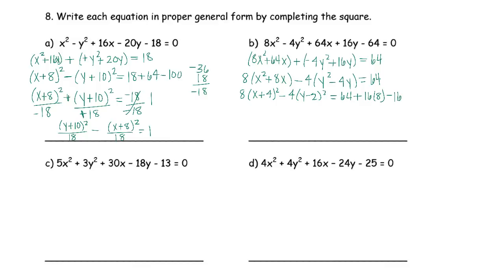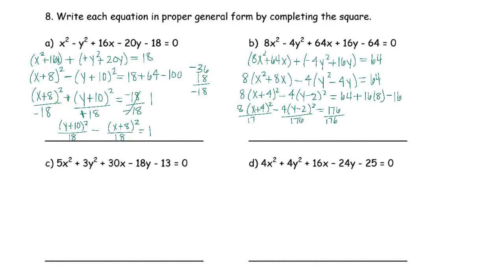So continuing on, we have 8 times x plus 4 all squared minus 4 times y minus 2 all squared. And over here, after you put together all that, you're going to get 176. And then getting close to the end, we will go back and divide everything by 176.